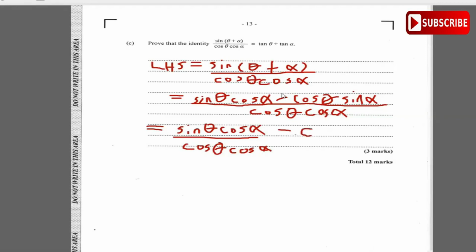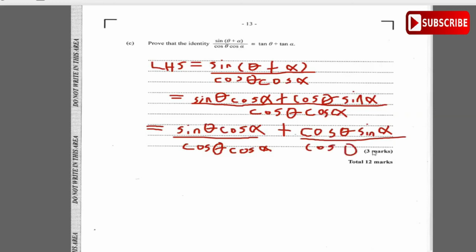Why is this minus? This should be plus. Sine of (A + B), this should be plus. Cosine of theta times the sine of alpha over cos theta cos alpha.